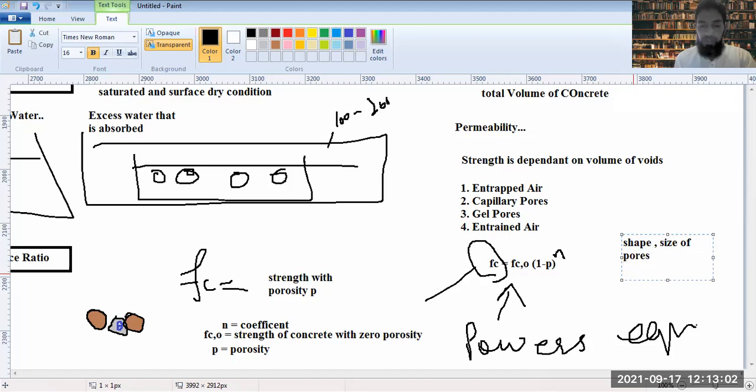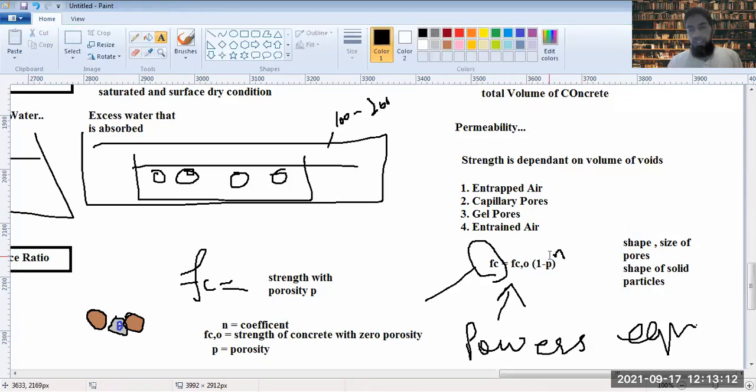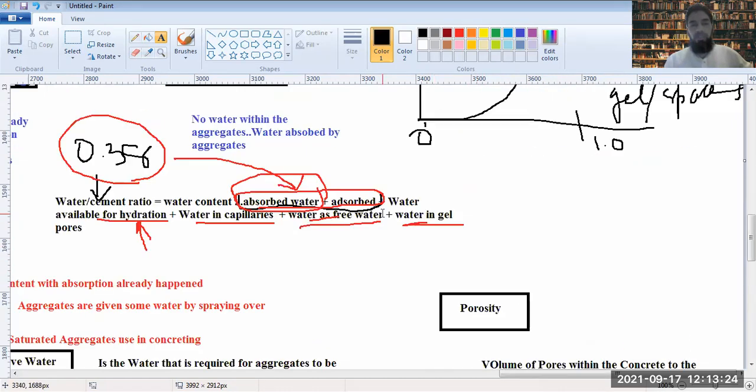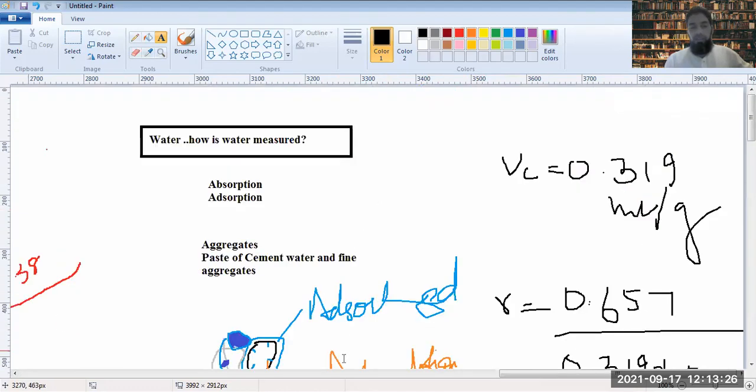It would depend upon the shape of particles, solid particles. So this is the equation between the strength and the porosity. You are seeing that it's 1 minus P, so the strength is decreasing with respect to the porosity. Clear?